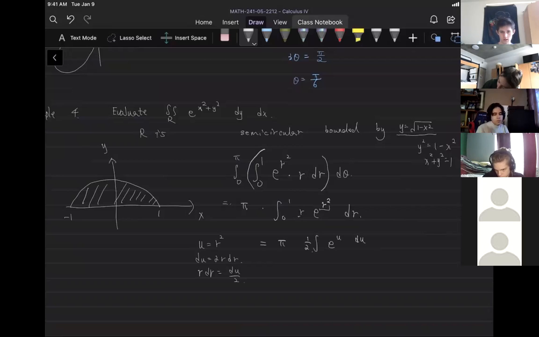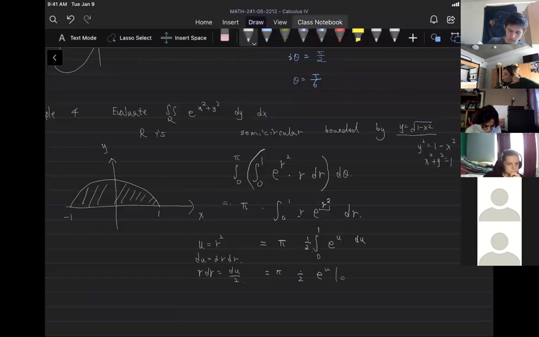So I take the 1/2 to the front. And u from what to what? u is r squared, so just plug in the bounds. For this one, r is 0, u is 0; r is 1, u is also 1. But be careful, for other problems the boundary may change. So the integral of that is just e to the u from 0 to 1, then plug in: pi over 2 times e to the 1 minus e to the 0, and e to the 0, be careful, is 1. So that's the final answer.